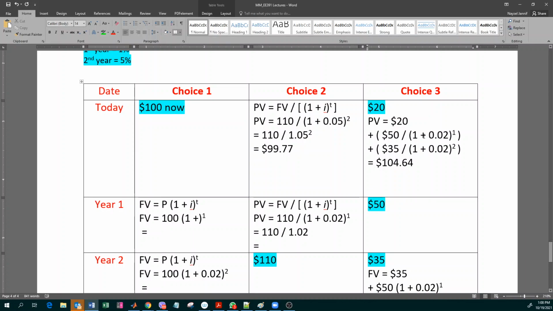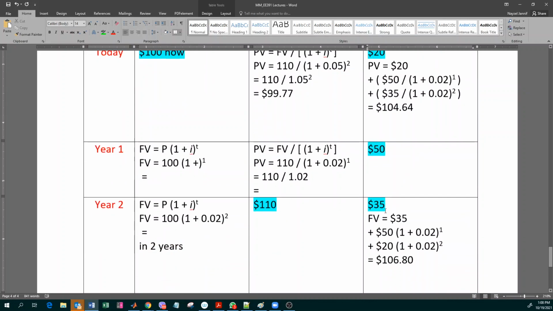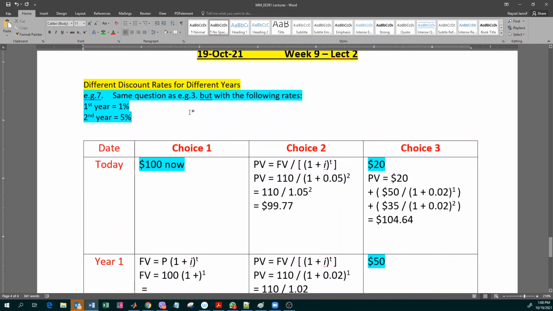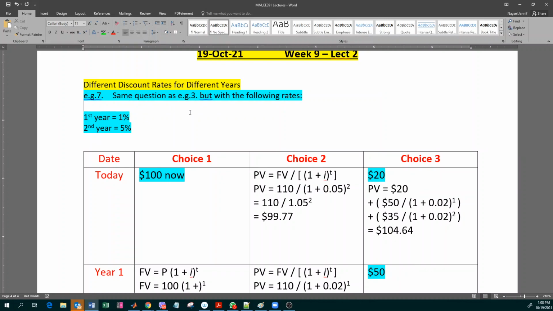This is the tricky one, because in the third choice you've got $20 from today, $50 from year 1, and $35 from year 2. Let me clarify the question over here. The question says, if a person deposits with the bank for longer, they receive a different rate.